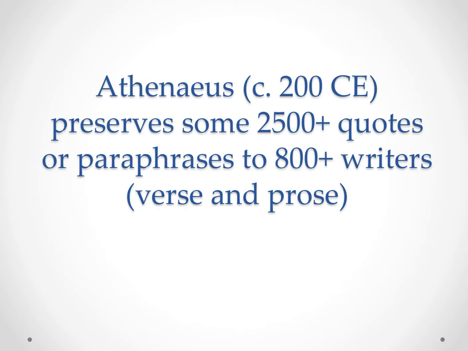So, given that situation, how can we make any kind of intelligent statements about the reliability of these fragments, especially in the cases, and these are the ones we're really interested in, when no non-fragmentary evidence about the author exists.